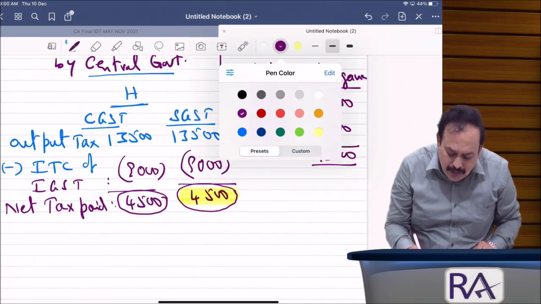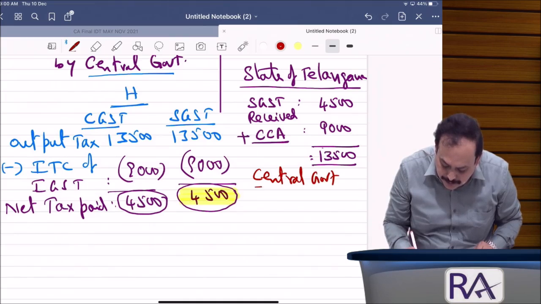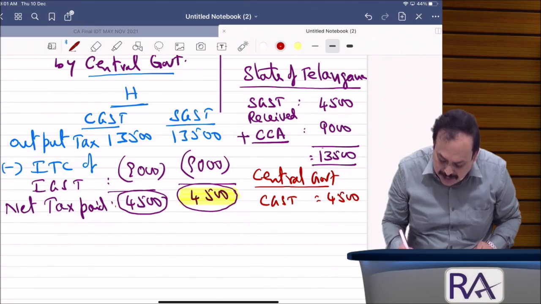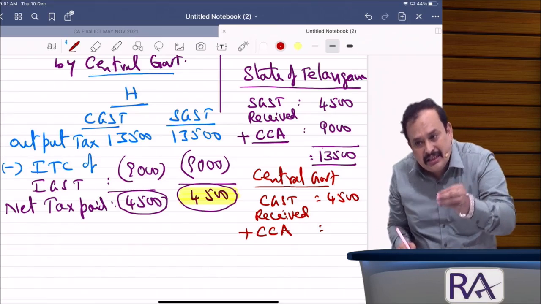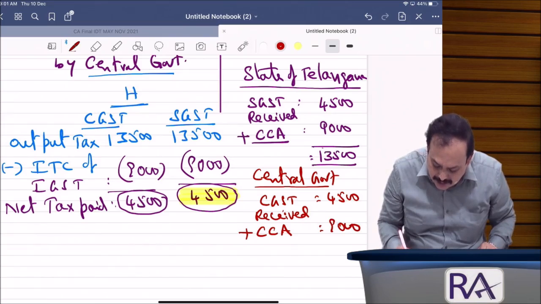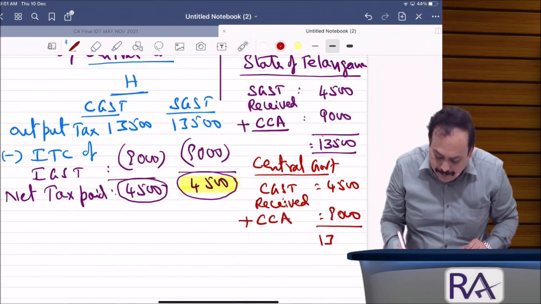So here, my dear sir, the Central Government also says that my CGST collection is rupees 4,500 received, plus now the Central Clearing Agency is giving the credit to me from IGST. How much? 9,000. Totally it is 13,500.